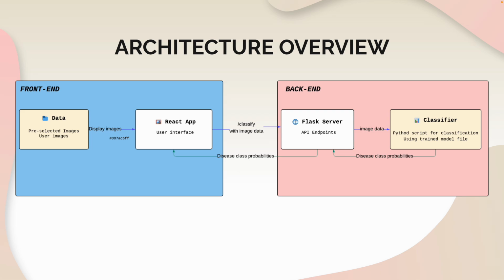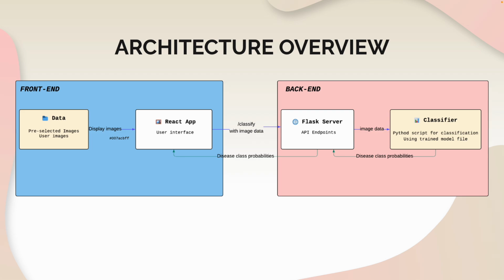So React is the user-facing side. The user can interact with it, they can choose the data that they want to classify, and we have two options. We can either select images that are already displayed on the screen, or a user can upload their own images.